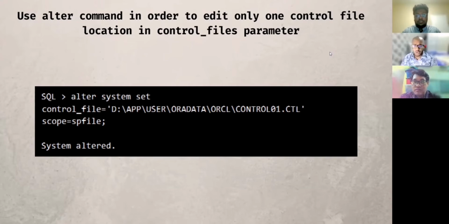So how are we going to do it? We are going to use the keyword alter system set control_file equal to the location of the file, which is app/user/oradata/orcl/control01.ctl. It shows that the system is altered.